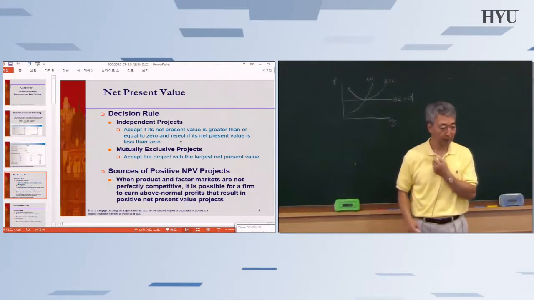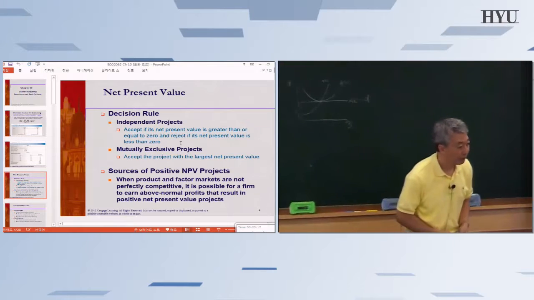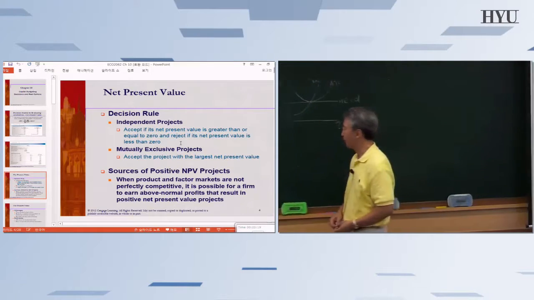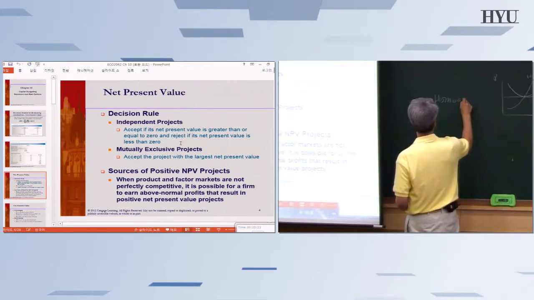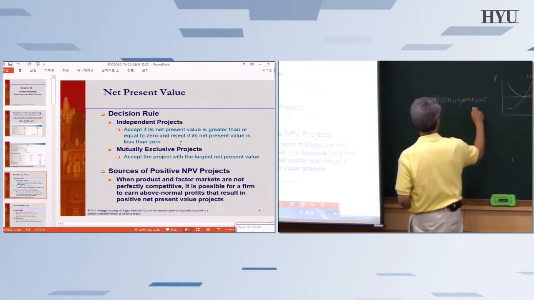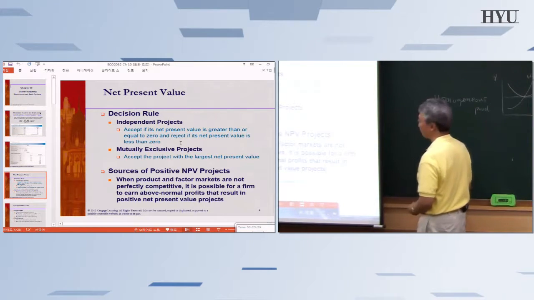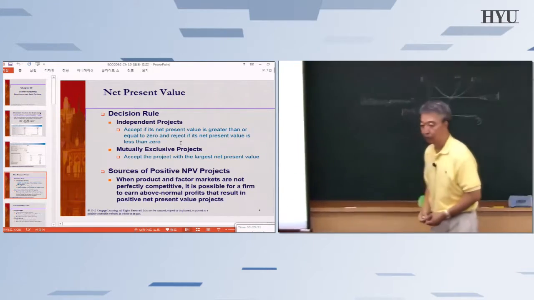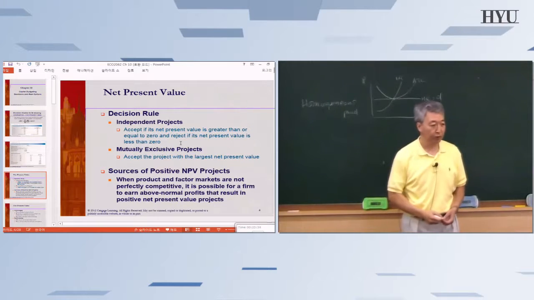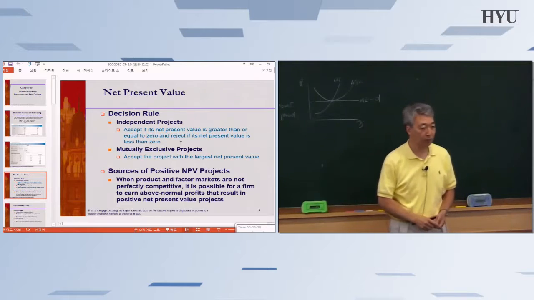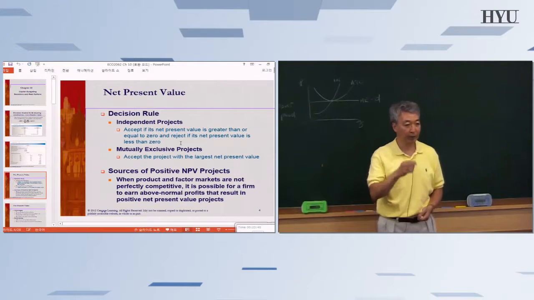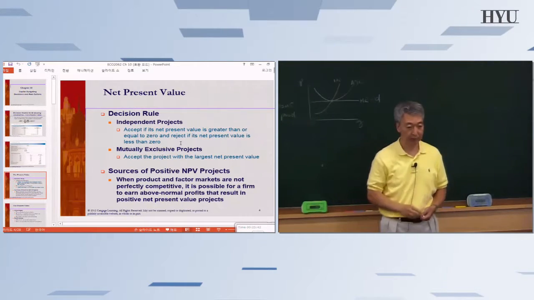In Korean, if you like. I'm sorry? Homogeneous product. Very good, right? Homogeneous product. Okay. Homogeneity. Which means all the producers produce identical product so that consumers have no way of identifying whose product this is, right?